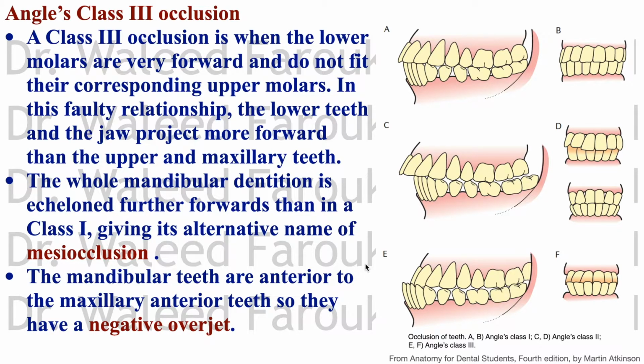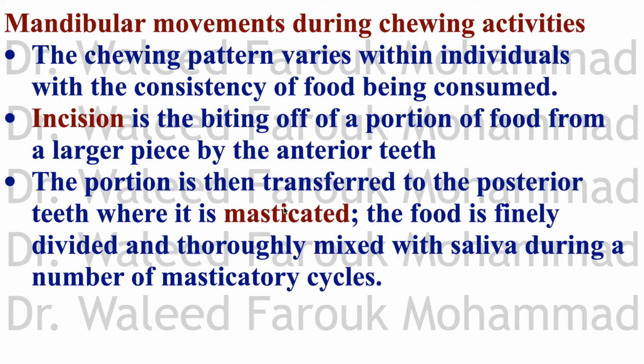The whole mandibular dentition is echeloned further forwards, echeloned like a formation of the army, than in class 1, giving the alternative name of mesioocclusion. This is Angle class 3 occlusion.